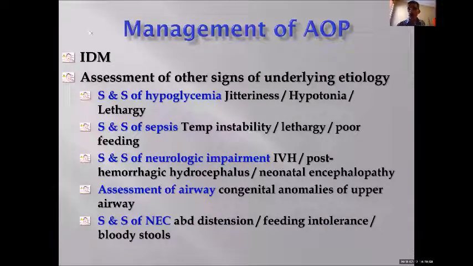Infant of a diabetic mother can have pathological apnea. Signs of other etiology, like signs of hypoglycemia, signs of sepsis, signs and symptoms of neurological impairment, signs of upper airway problem, and signs of NEC. All can cause apnea and need to be looked after when you want to exclude other causes of apnea.